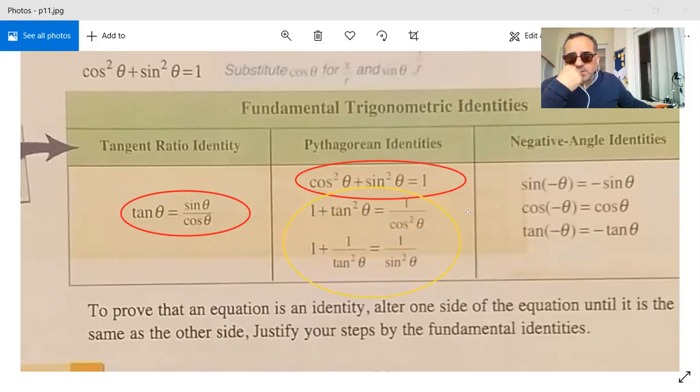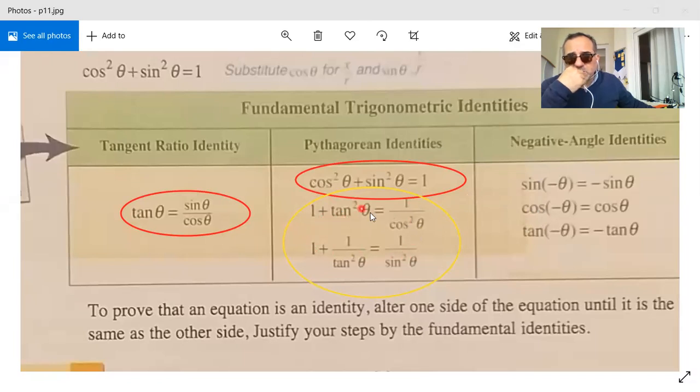Cosine square plus sine square equals 1 and tan theta equals sine over cosine are very important for next year. But for this year, we need these two and 1 plus tan square theta equal to 1 over cosine square theta, but we don't use it next year.